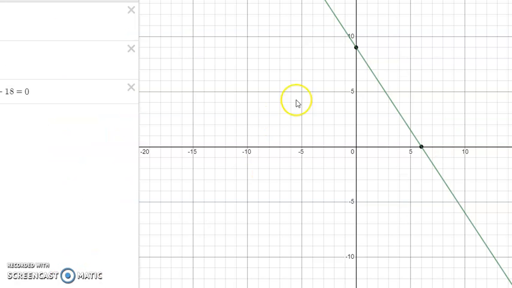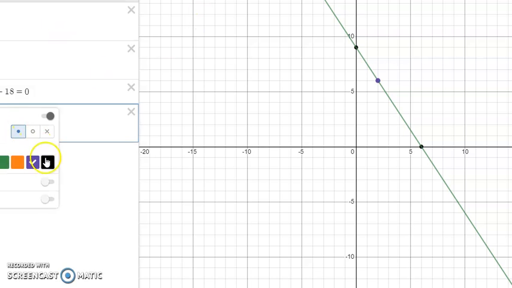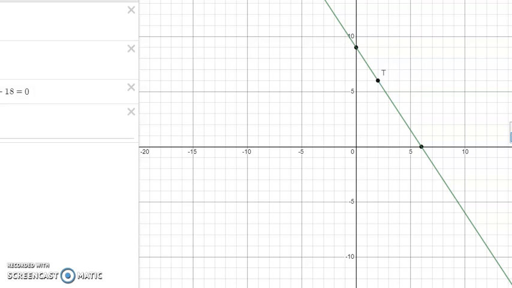Go back to Desmos, and we can put a point T in there. 2, 6, see how that point came up? And we can call it T. Label it T. Alright?